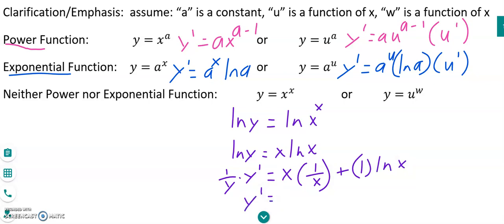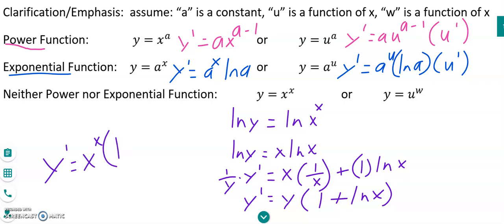So y prime equals y times x times 1 over x is going to be 1 plus ln of x. And then my last step, I know then, that y prime, I'm just going to write it over here just to give myself more room, is x to the x times 1 plus ln of x.